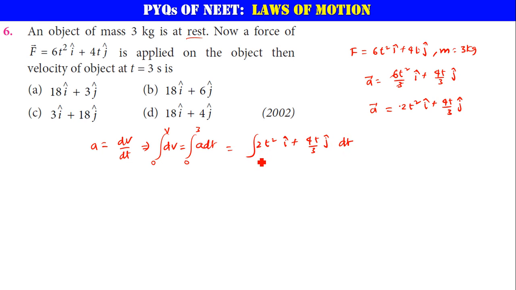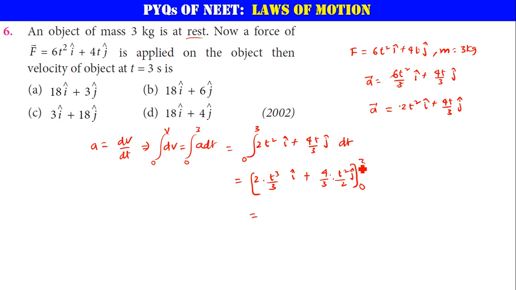Now you have to apply this integration for both the terms, with limits from 0 to 3 seconds. The integration of 2t square is 2t cube by 3 i cap, plus 4 by 3 times t square by 2, which is the integration of t, along j cap, with limits from 0 to 3.